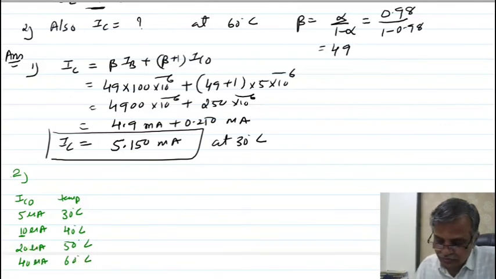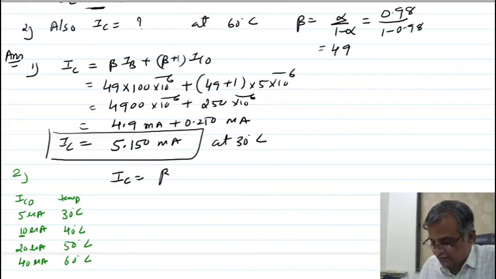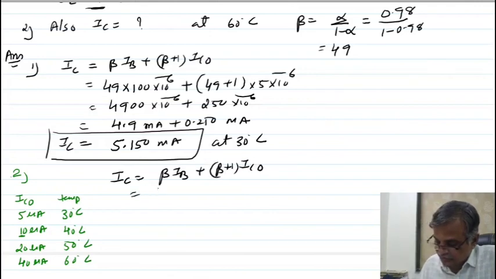So let us calculate the collector current. Beta IB plus beta plus 1 times ICO. This is 49 into 100 plus 50 into 40 microampere.